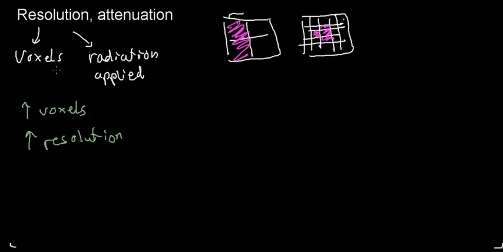Now what we have left to discuss is the idea of radiation applied. In order to get all the information about the rows and columns of the voxels, I need to radiate each row and each column. So here I have 1, 2, 3, 4, and this is just a basic idea. Let's say I'm radiating this body 4 times. Here I'm going to have to do it 1, 2, 3, 4, 5, and here also 5 times.